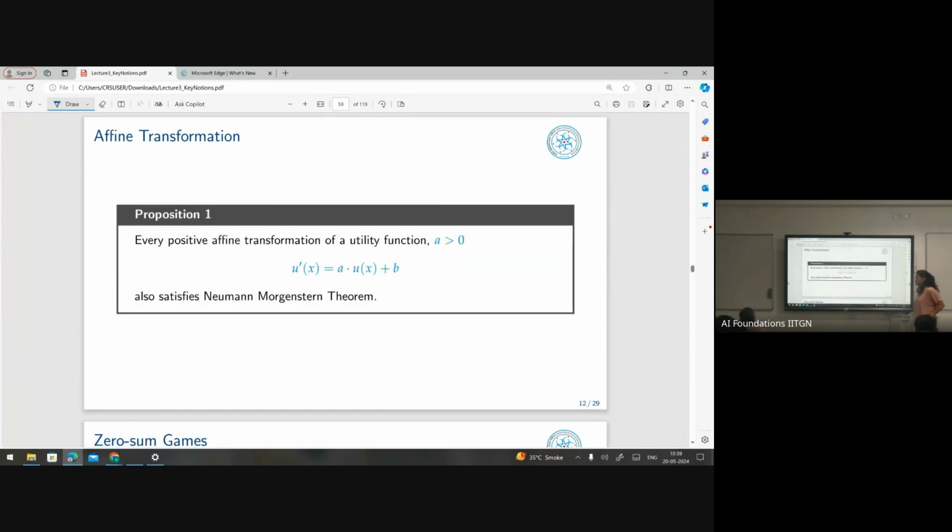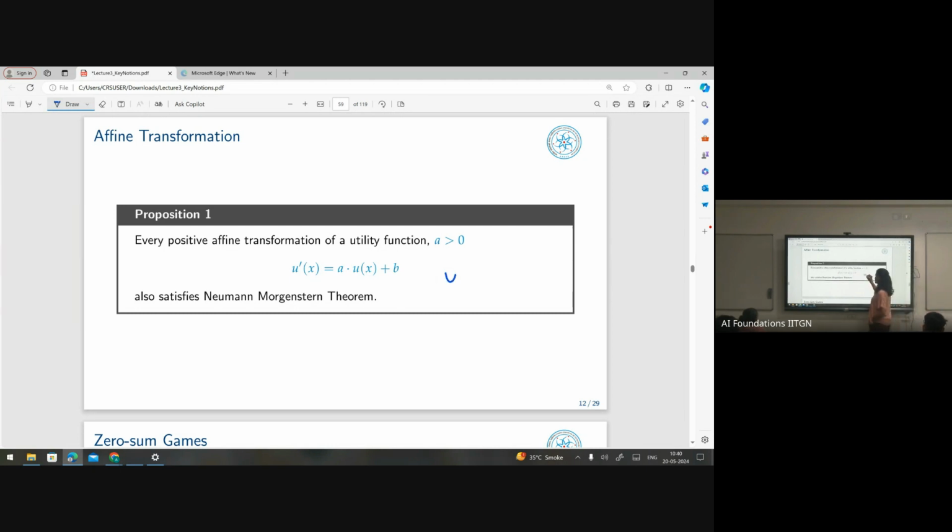Now, because of the way the utilities are defined, there is a proposition that if I have given you certain utilities over the possible outcomes, U(x), and I transform these utilities with an affine transformation, where I multiply by some constant A, and A is strictly positive, and I add a constant B, then this transformed U'(x) is also going to satisfy those two conditions.